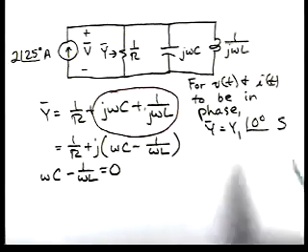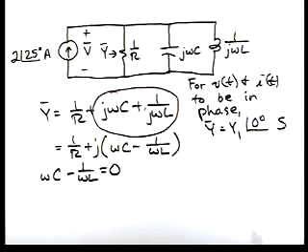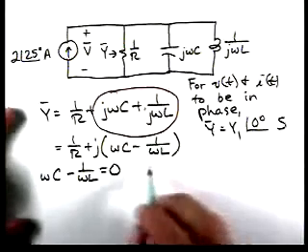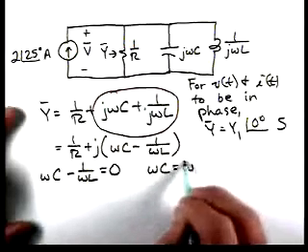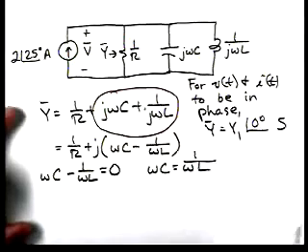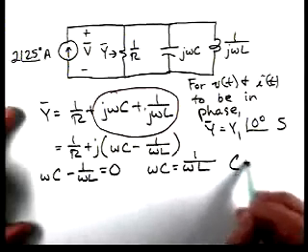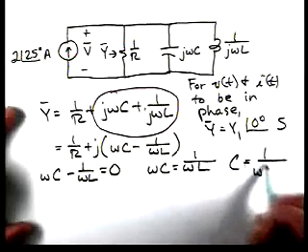That's the only way we can have a phase angle of 0. So that says omega C has got to equal 1 over omega L, or C is 1 over omega squared L.